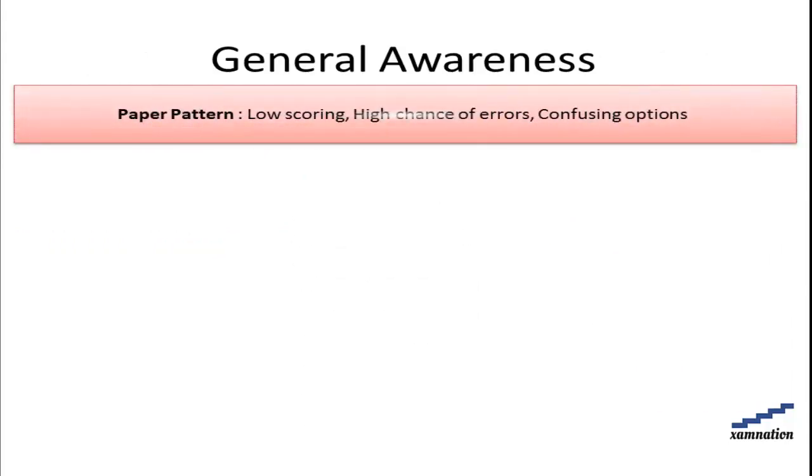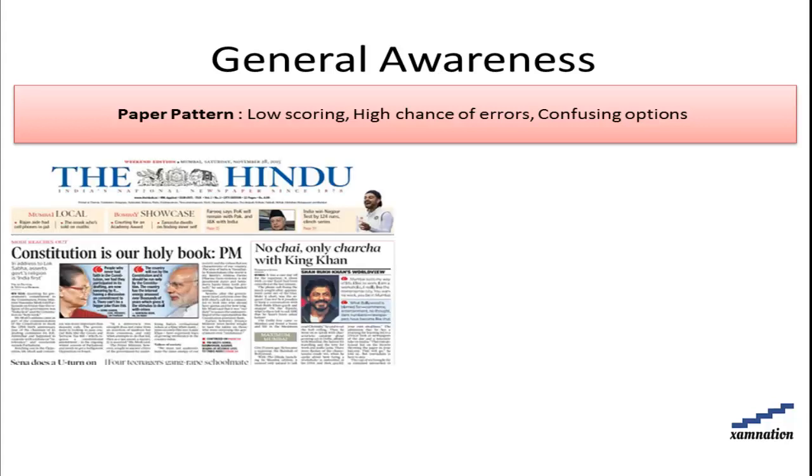Okay, so let's start with general awareness. The exam pattern for general awareness is that it is basically a low scoring subject, and there is quite a high chance of making errors because a lot of options are quite confusing, right? So what you need to do to study for this subject is to be updated with the last 6 to 9 months of current affairs.